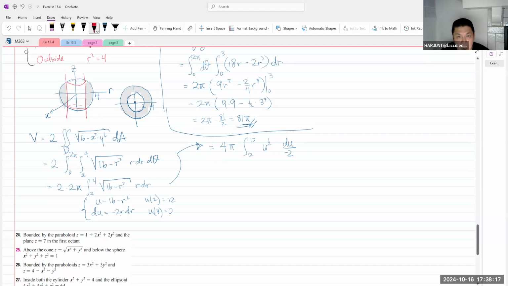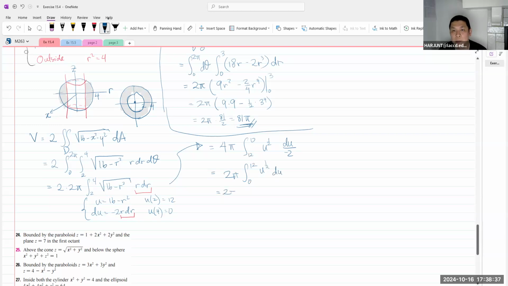This r dr becomes du over negative 2. Okay, and 4 pi divided by 2 is 2 pi. I absorb the negative by reversing the order of integration, the limits of integration.